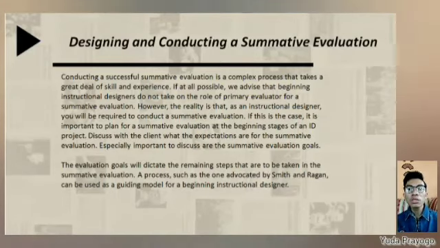The evaluation goals will dictate the remaining steps that are to be taken in the summative evaluation. A process such as the one advocated by Smith and Regan can be used as a guiding model for a beginning instructional designer. As with successful ID projects, continual and consistent communication with the client is a key element in determining the level of success an instructional designer will have in conducting a summative evaluation.